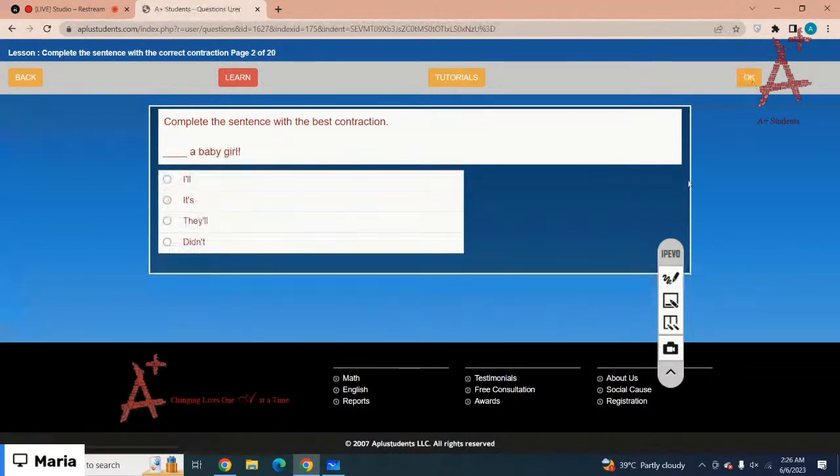Complete the sentence with the best contraction. Dash a girl. I'll, it's, they'll, didn't.